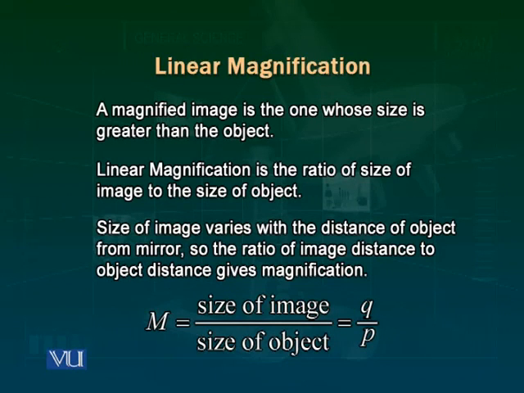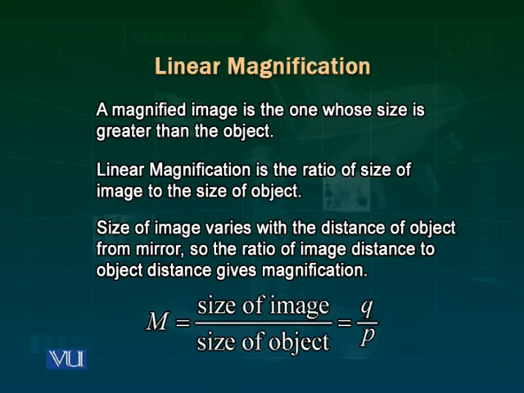If the size of the image is larger, you'll have a magnification which is greater than 1. If the size of the object is larger, you're going to have a magnification which is less than 1. So magnification of 1, of course, means that the image and the object are of the same size. So magnification is simply defined as the size of the image divided by the size of the object.